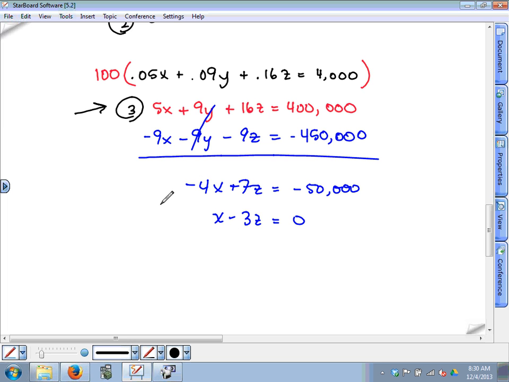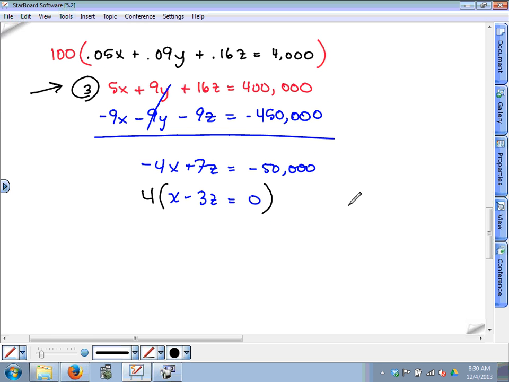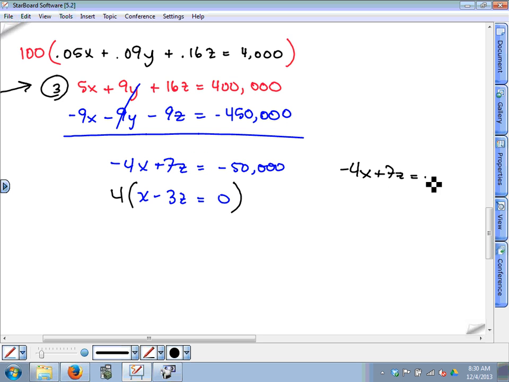We've got these two equations both in terms of x and z, so we need to eliminate one more variable. Multiply by 4, that ought to work. So we're going to have the equation negative 4x plus 7z equals negative 50,000.